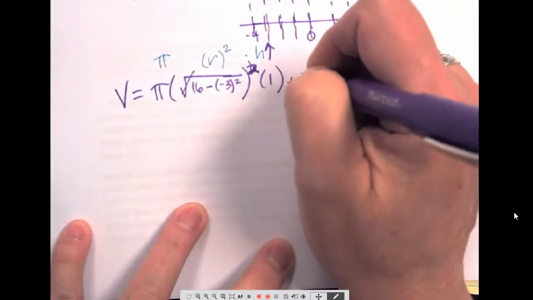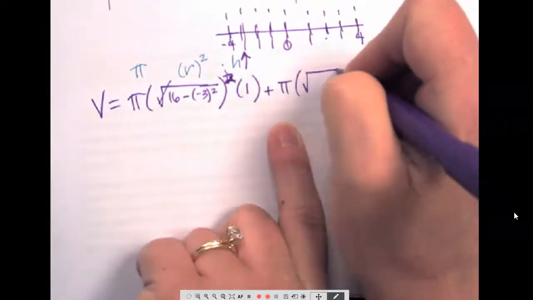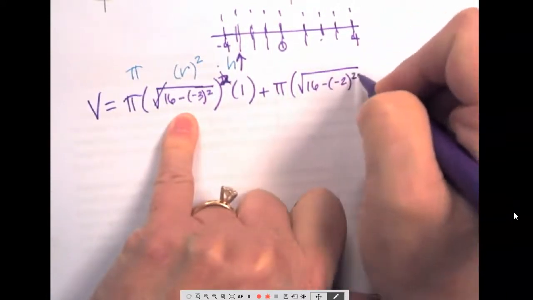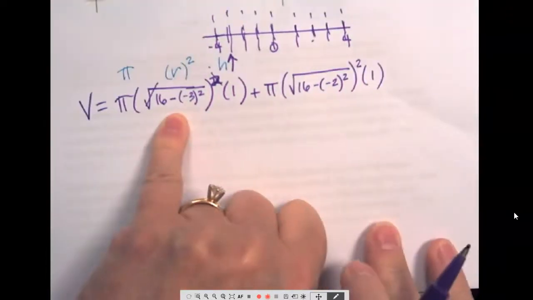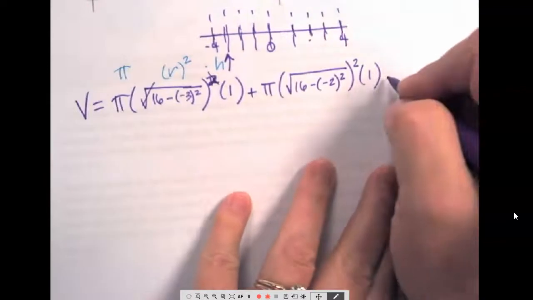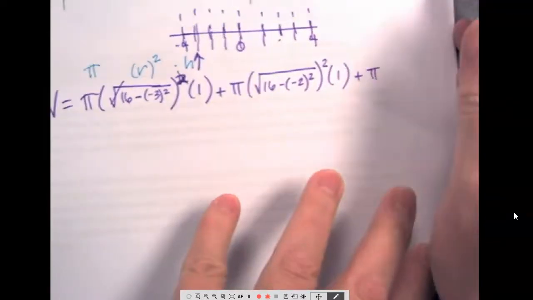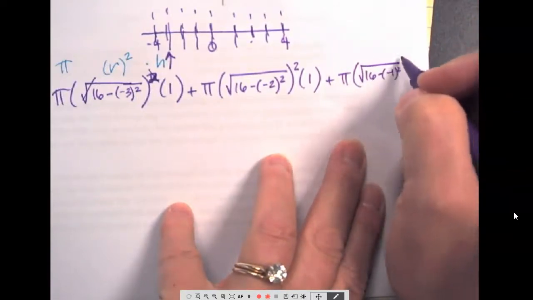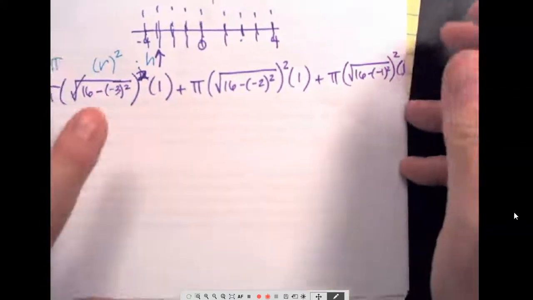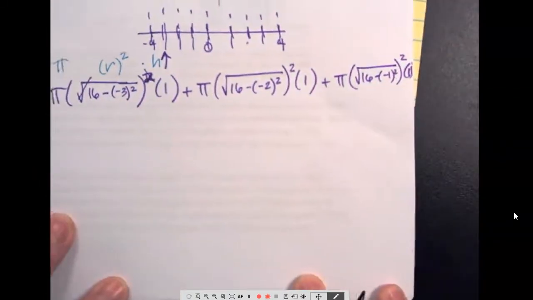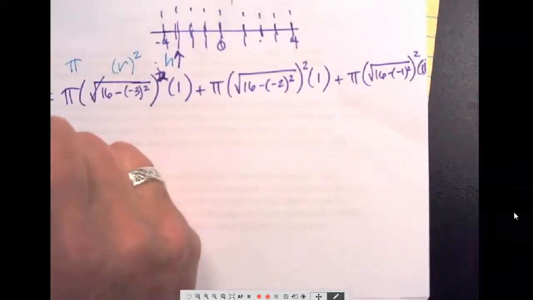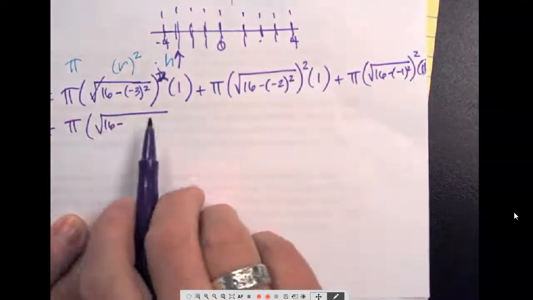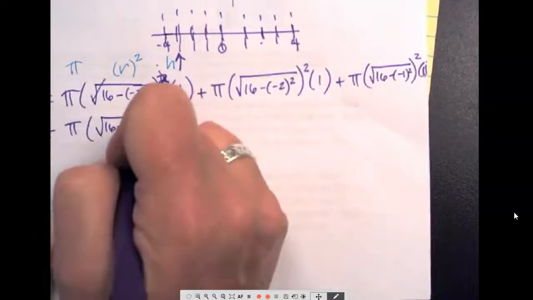Okay, plus pi r, so the next one will be at -2, squared times height, plus pi r is 16 minus -1 squared, times height. So that's 3 plus pi square root 16 minus, okay, see, -3, -2, -1, the next one is 0.